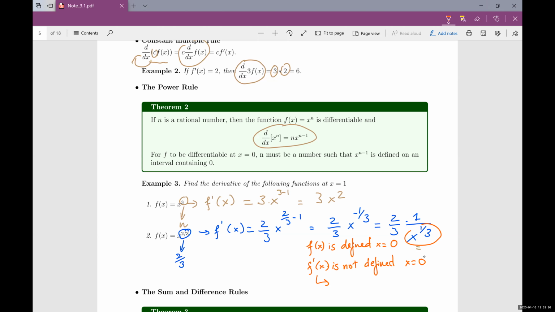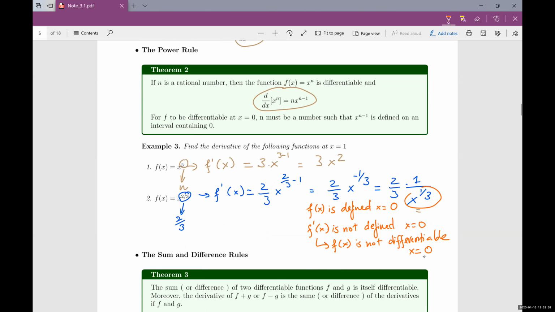So this means f of x is not differentiable at x equals 0. If f prime of x is not defined at a point, that means the function f of x is not differentiable at that point.